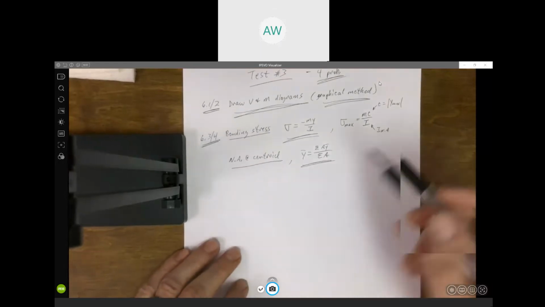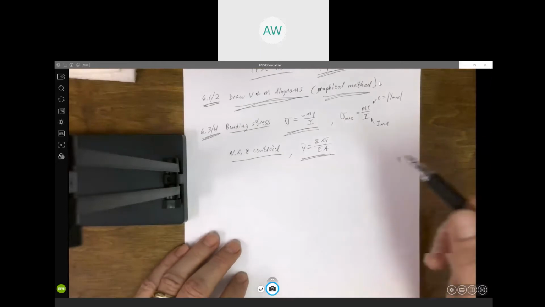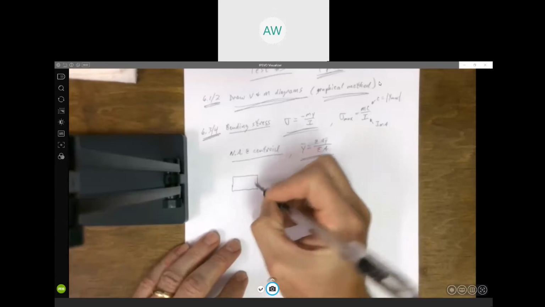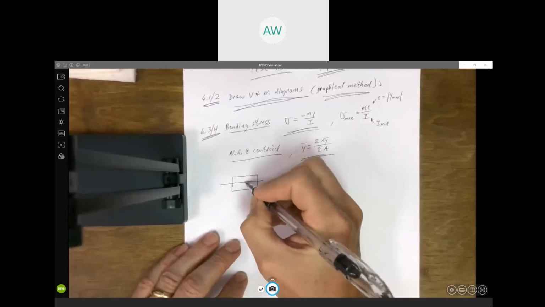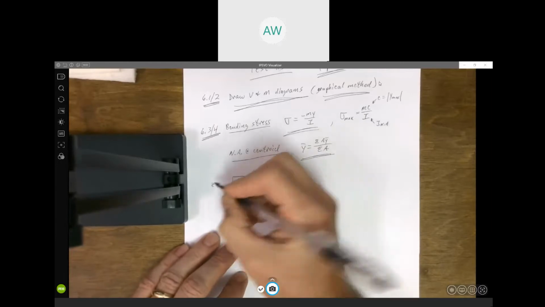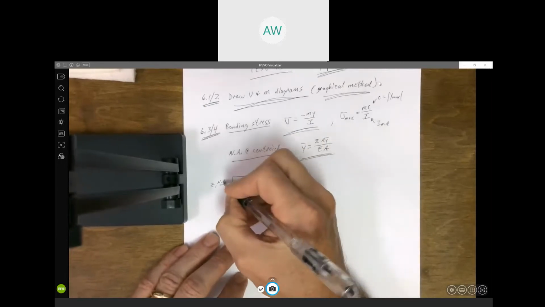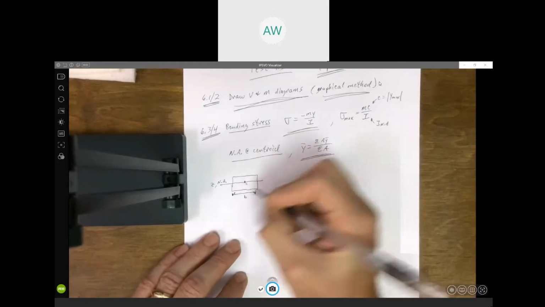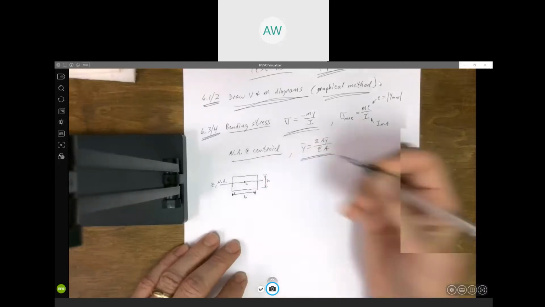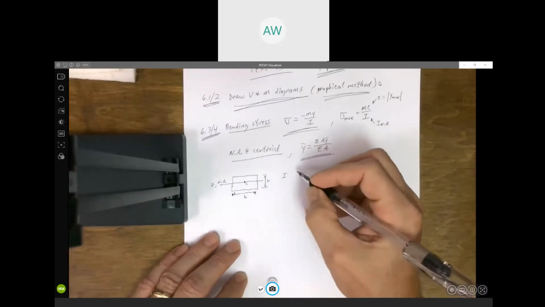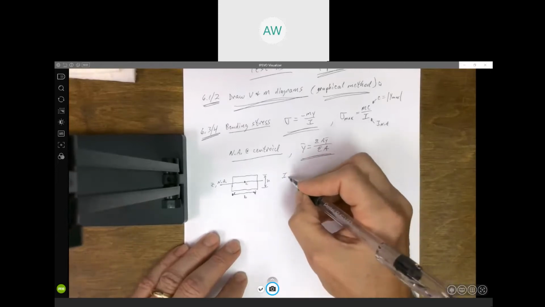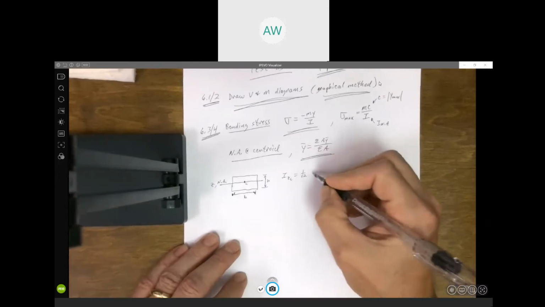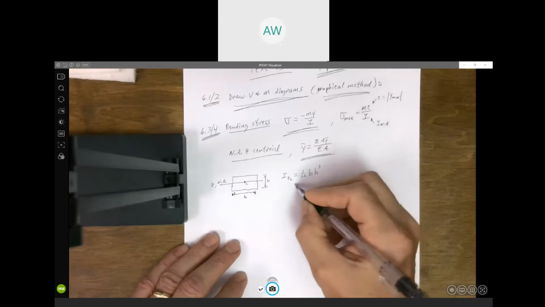And then one other thing that we ran into a minute ago as well. I told you one moment of inertia formula I expected you to know was for a rectangle. If this is the z-axis that goes through the centroid, that is our neutral axis. If it's got some width b and height h, I told you I expect you to know this one: the moment of inertia about the axis through the centroid is 1/12 base times height cubed.